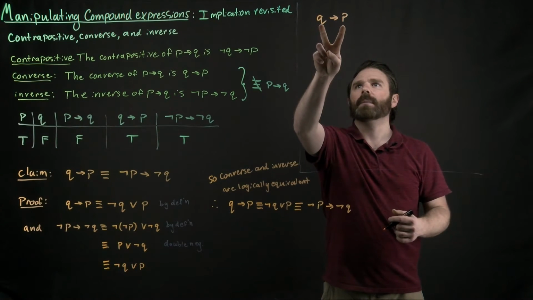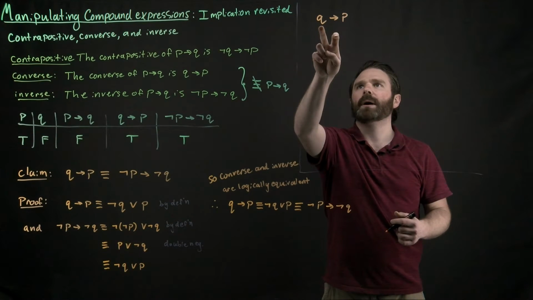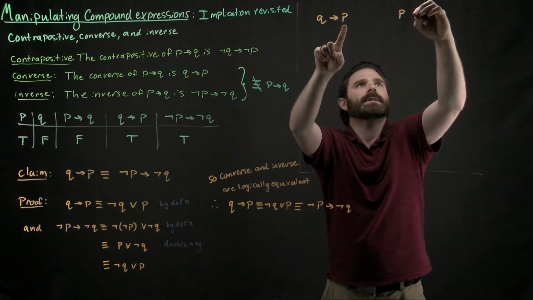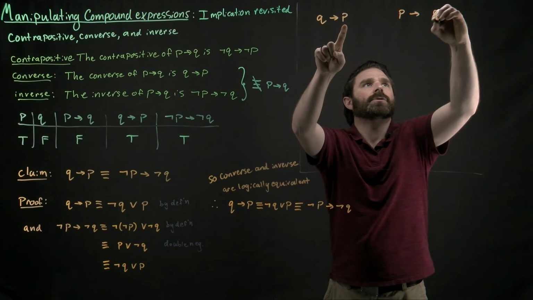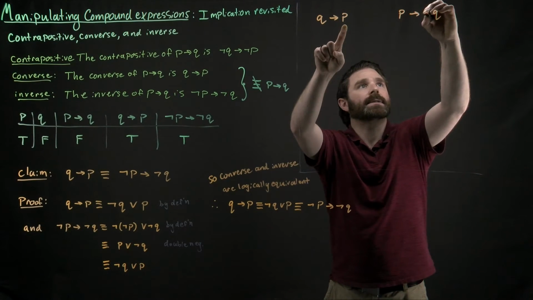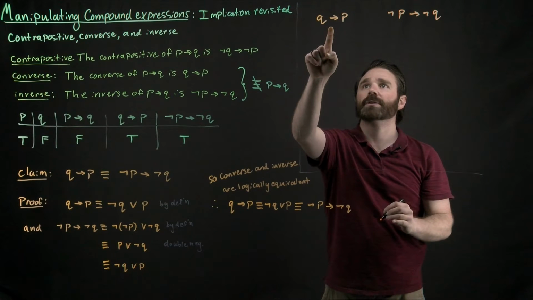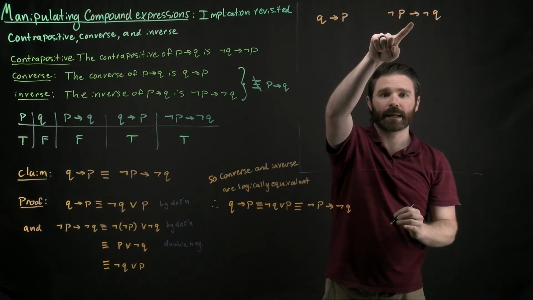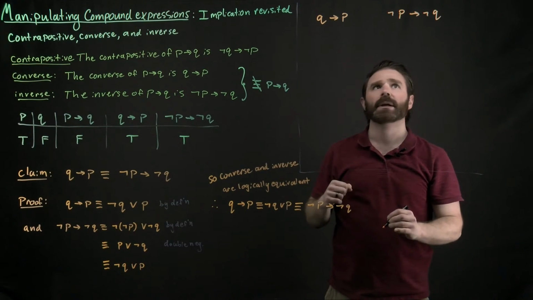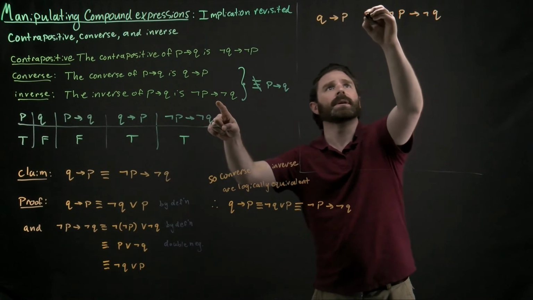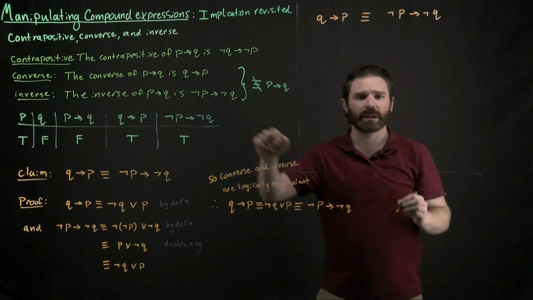So here, I'm going to flip the hypothesis and the conclusion, and then I'm going to put nots in right here. If this was my original statement, this is the contrapositive of my original statement. And you'll notice that that is nothing but the inverse. These are logically equivalent.